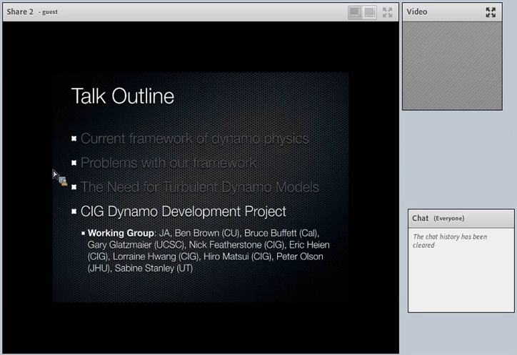So the working group's myself and Ben Brown from Kavli Institute and Colorado, Bruce Buffett from Berkeley, Gary Glatzmeier from Santa Cruz, Nick Featherstone at Boulder and CIG, Eric Hyen at CIG, Lorraine Huang at CIG, Hiro Matsui at CIG, Peter Olson at Johns Hopkins, and Sabina Stanley at the University of Toronto.